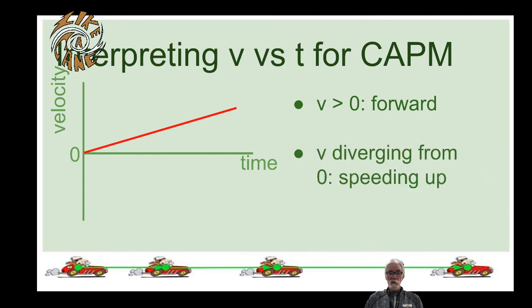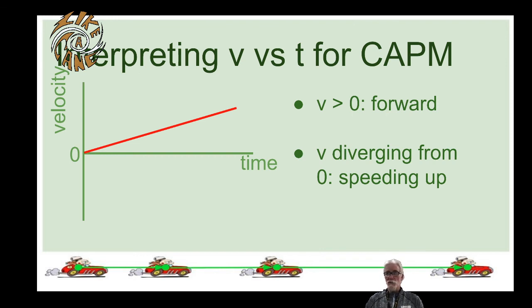The other thing that we know is that the velocity is diverging from zero. It's getting farther and farther away from having no velocity. So that means it's speeding up. So the upward slope of this being above the zero line means that this is an object that's going forward and speeding up. This is the motion that we saw with the car rolling down the ramp that we just got done interpreting.